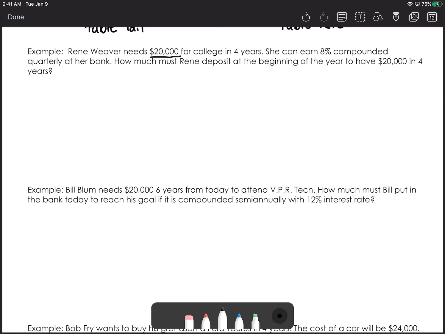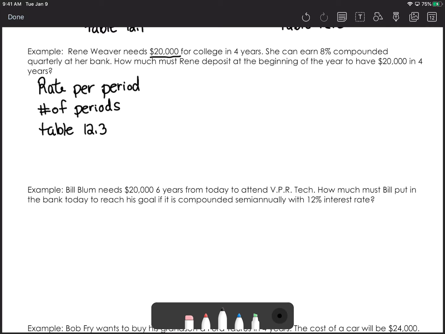So what we're going to do is we're going to still go through the same process. We still need to know what the rate per period is. We still need to know the number of periods. But this time, since we're trying to figure out the present value, we're going to use table 12.3, which is the second column.